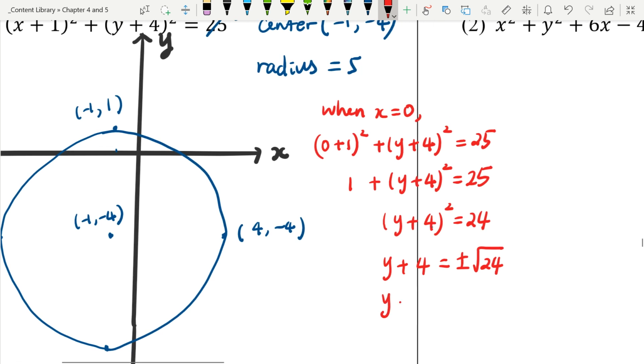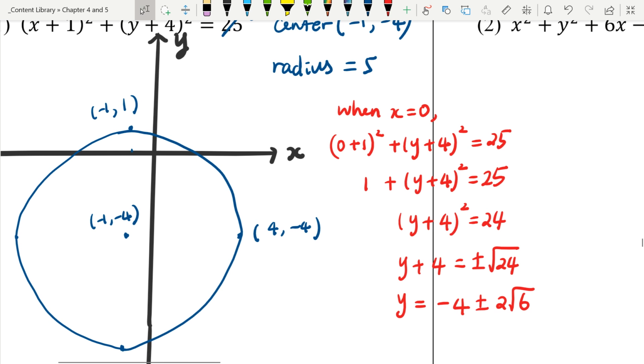So y equals to minus 4 plus minus 2 root 6. So we have this point here, 0 comma minus 4 plus 2 root 6. And we have this point here, 0 comma minus 4 minus 2 root 6. Okay, those are the 2 points.